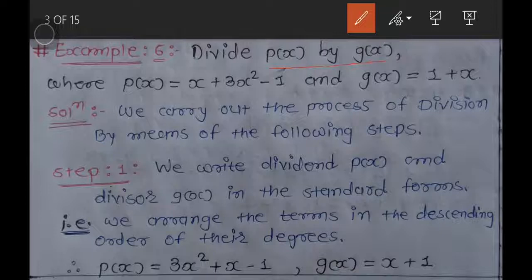So here p of x is x plus 3x square minus 1, and our g of x is 1 plus x. Now how can we divide p of x by g of x? For this solution, we carry out this process of division by means of the following steps.